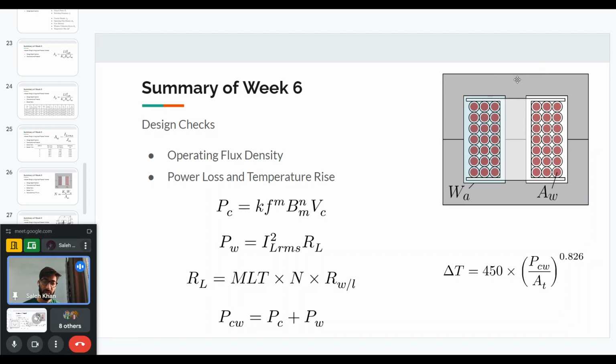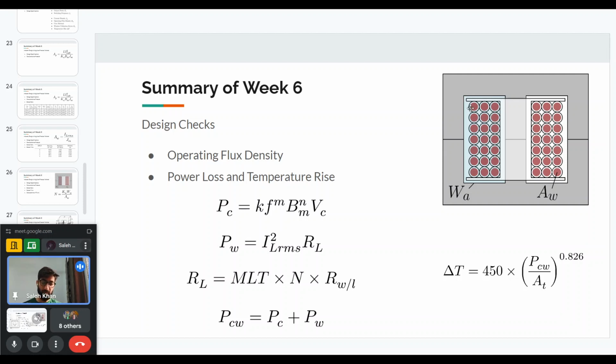So all this portion of wire will have a particular length, and all of the turns in the first layer of this winding will have the same length of each turn. But for the next layer, the length of the turn will increase because now it has to cover a larger circumference when it makes the turn. Similarly, in the third layer of winding, the length of the turn will increase even further.